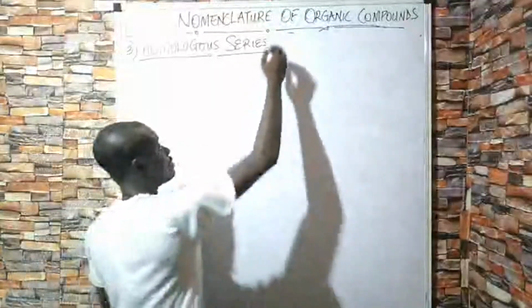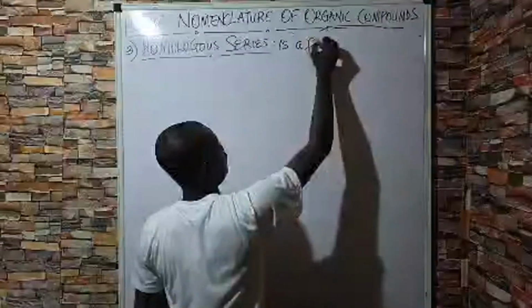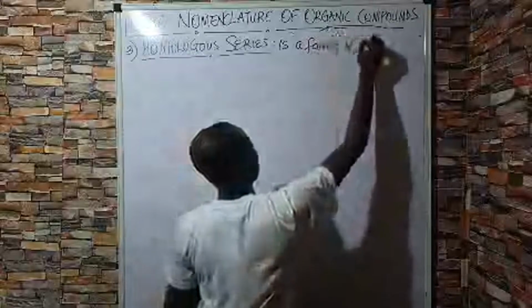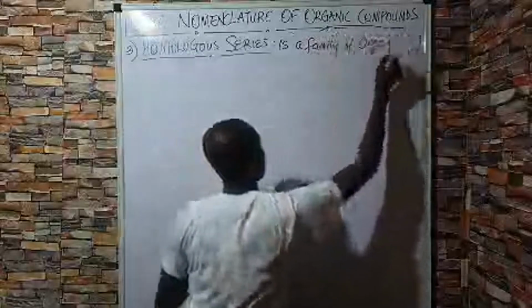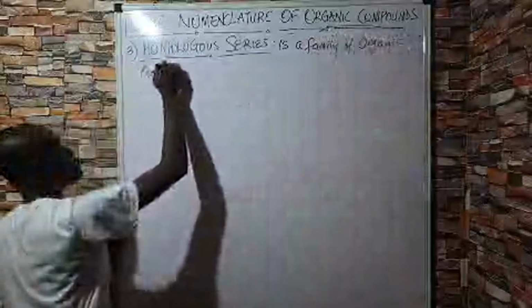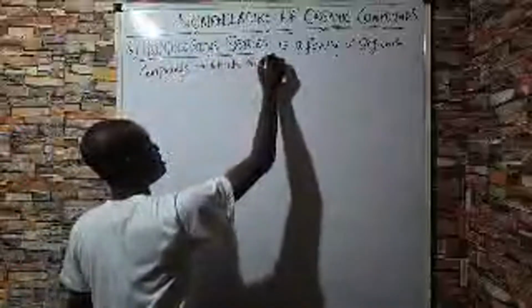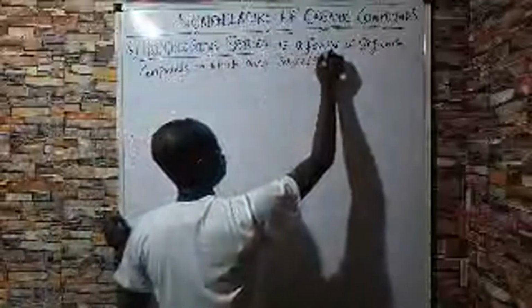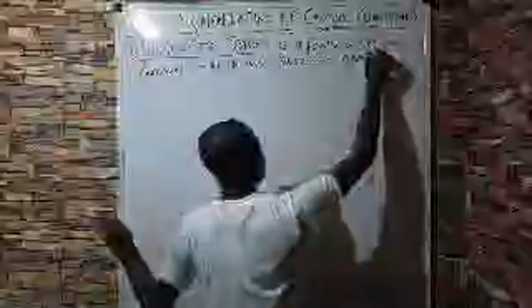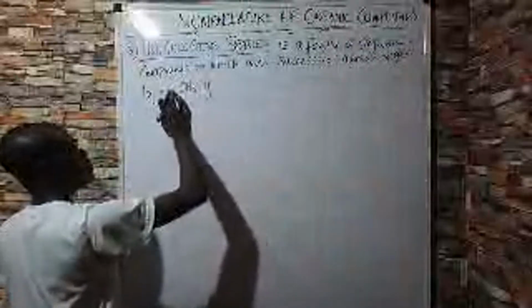So in essence, a homologous series is a family of organic compounds in which each successive member differs by a CH2 group, and 14 grams. So that's basically what a homologous series is.